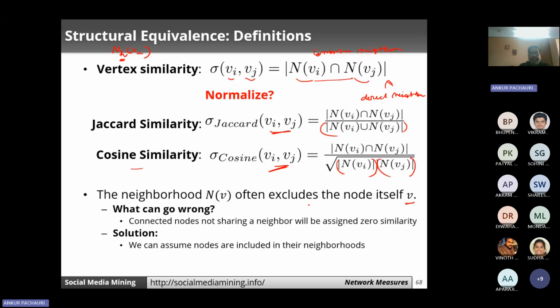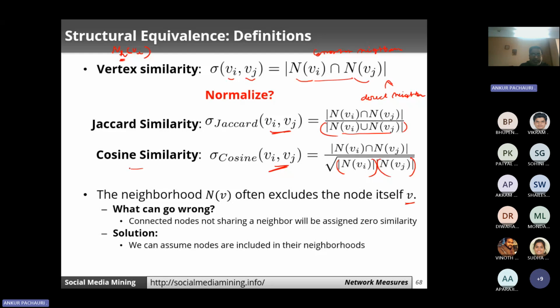The only difference is by what factor I'm normalizing it. If I normalize by the set of all the neighbors, that will be the Jaccard similarity.